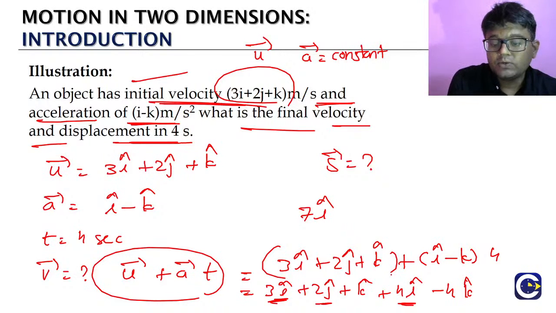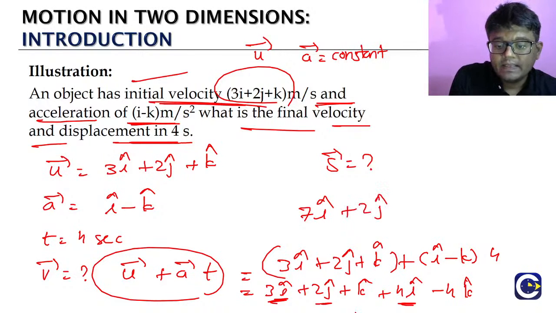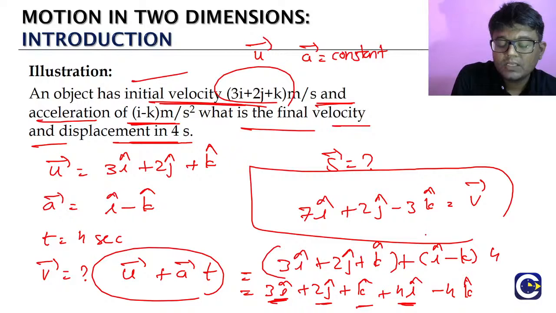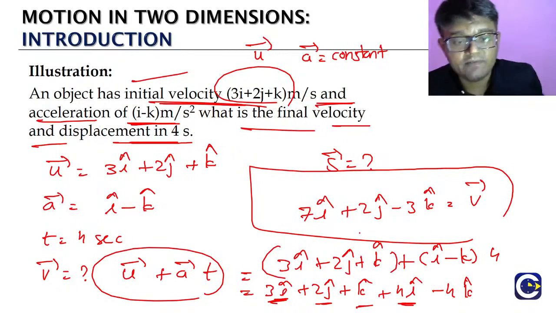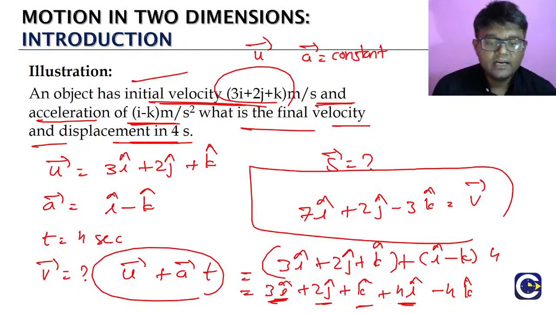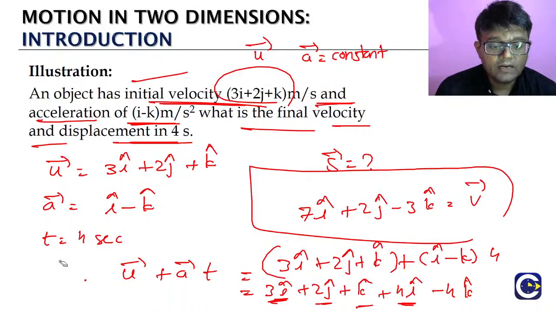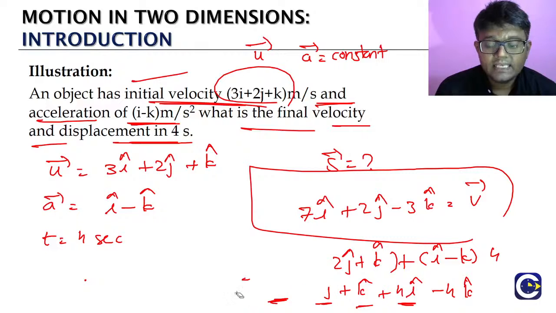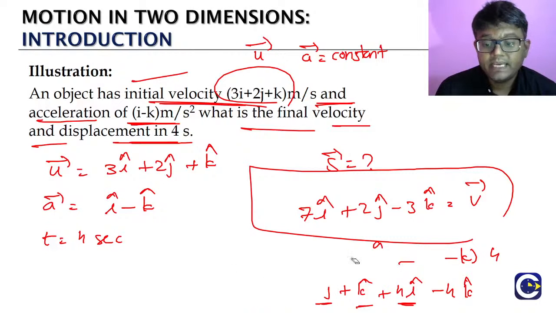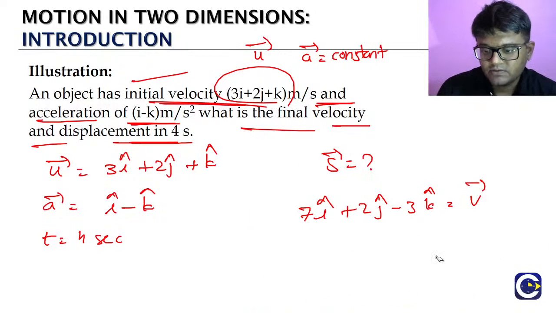Only 2j is there. k minus 4k is minus 3k. This is our final velocity. What is the final velocity value? 7i plus 2j minus 3k. We are using straight away the equations of motion, but in the vector form. So we got our final velocity: 7i plus 2j minus 3k. Check it guys, are you able to get it or not?